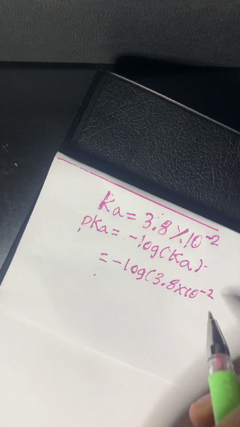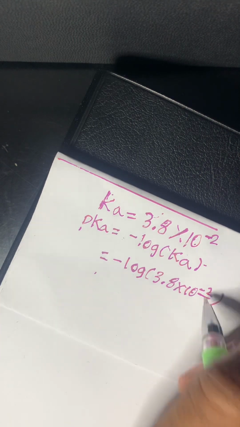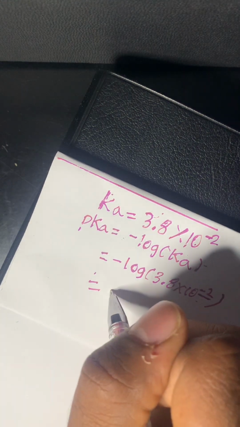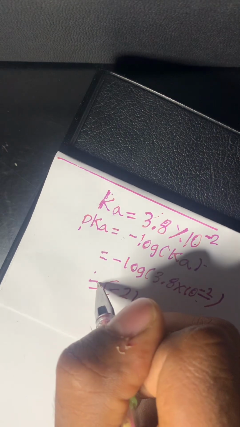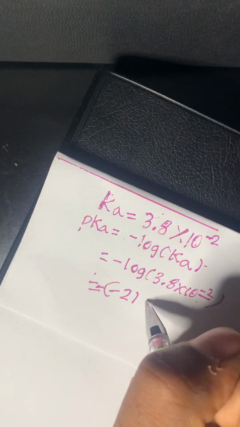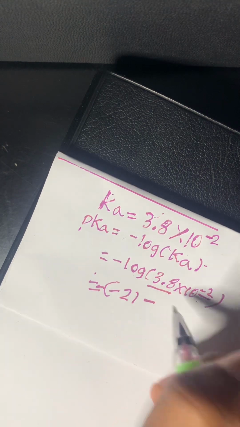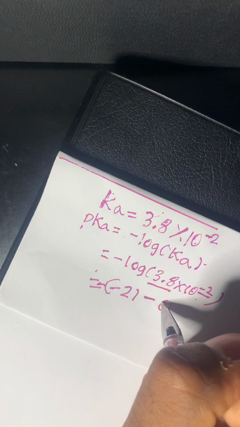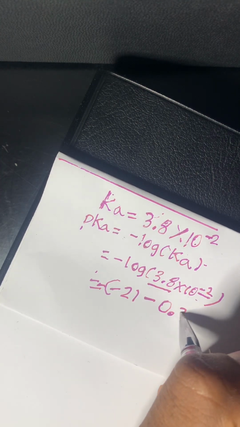What I usually do is I treat this negative 2, bring it over here, to the power of negative 2, and put it inside a bracket. Then from this value, I subtract the main number, that's 3.8, so subtracted by 0.38.